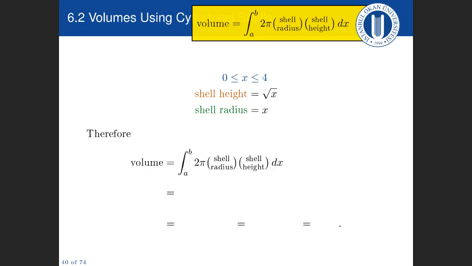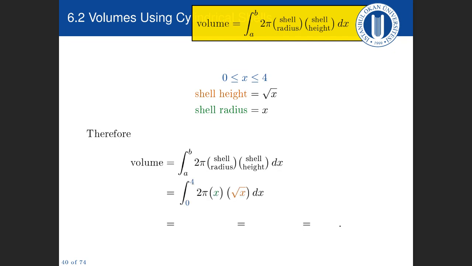And that's the hardest part of the question done. If you can understand that, if you can do that, then you've done 90% of the problem already. All that's left is going to be an easy integration to get our final answer. Volume is the integral from a to b, 2 pi, shell radius, shell height, dx.